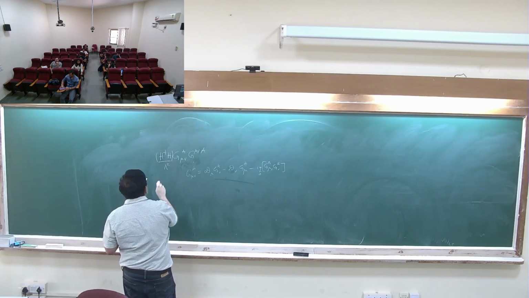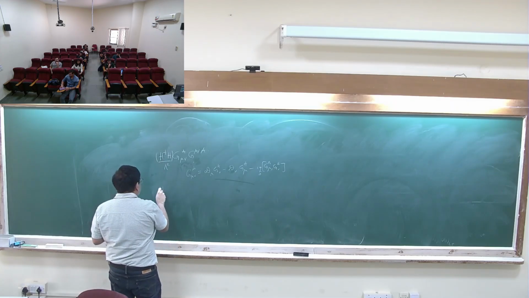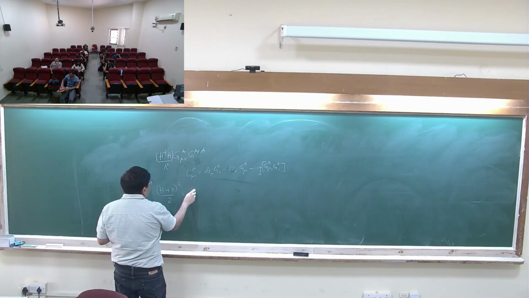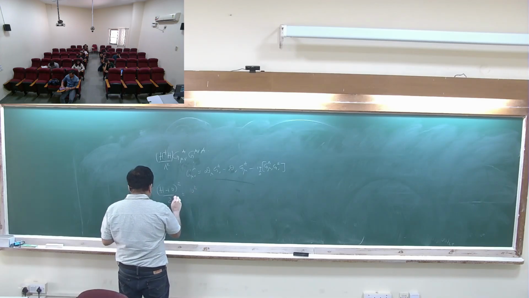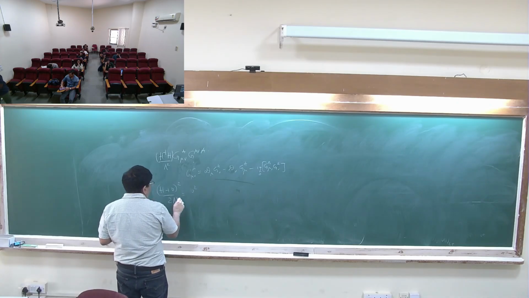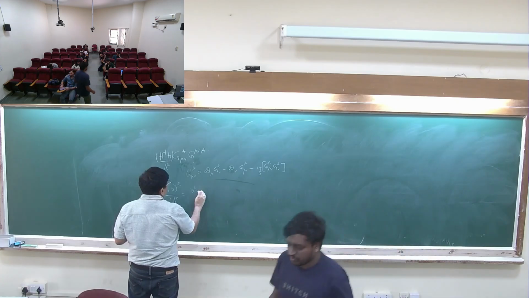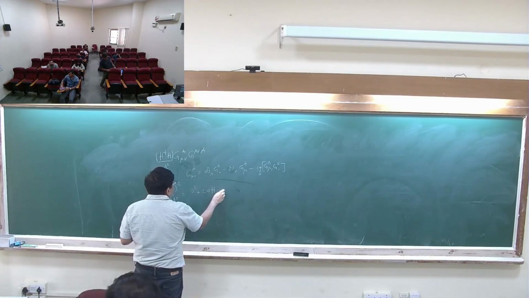So this h dagger h is equal to what? Again, (h plus v) whole square by 2, that is v square by lambda square, right? v square plus 2vh plus h square.